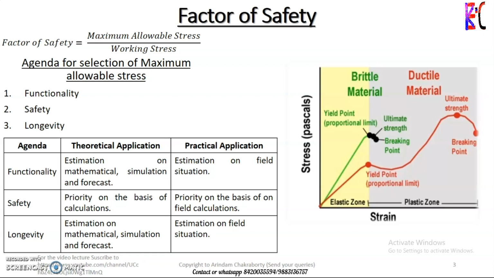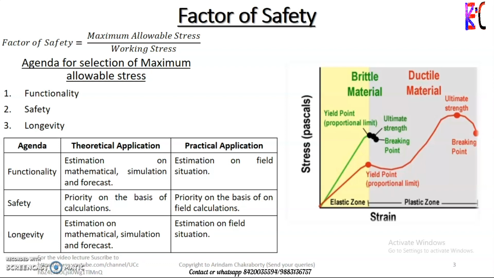So what is the difference? In terms of safety, the maximum priority goes to the maximum number. If in theoretical application you see the maximum factor of safety, then you have to go for the theoretical approach factor of safety.